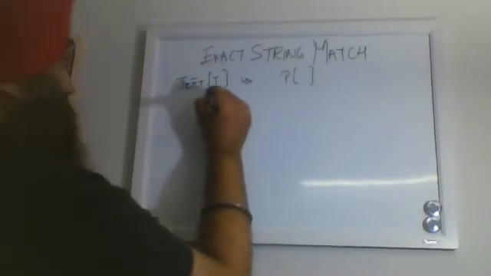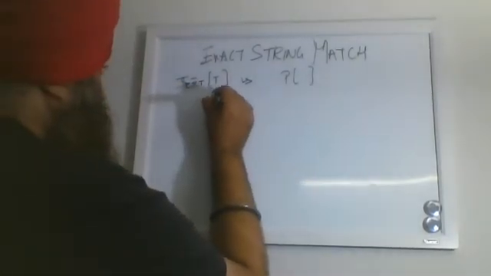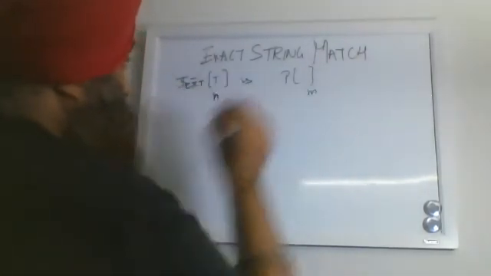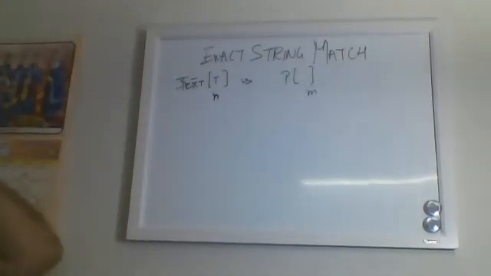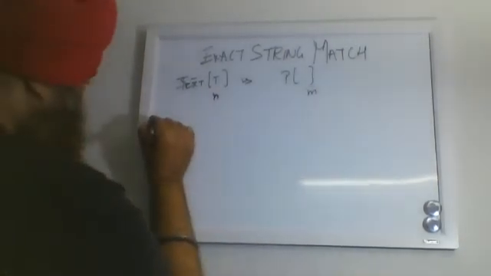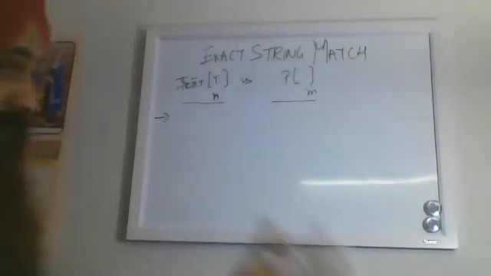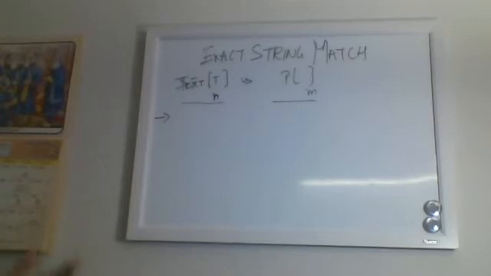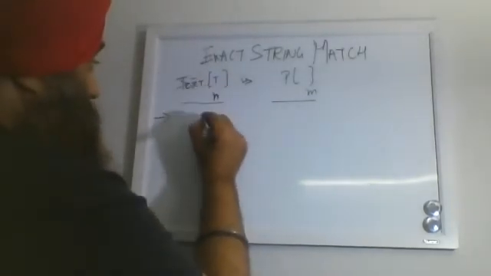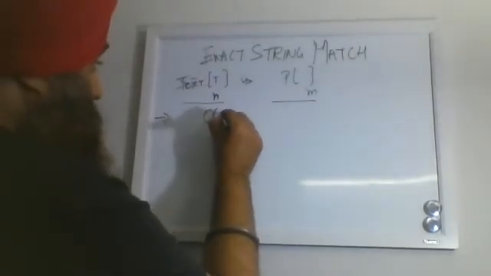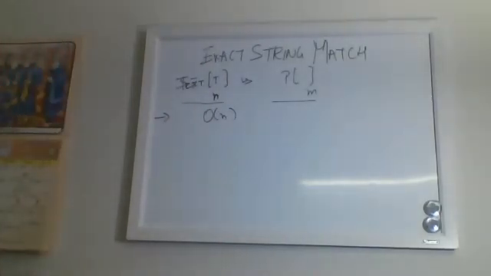Now the text length is n and the pattern length is m. There are multiple variations of the problem. The first variation is that you get both the text and the pattern at runtime. In that case, first you create a suffix tree for T, which can be done in order of n time.